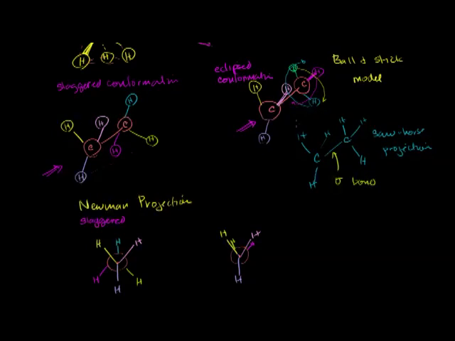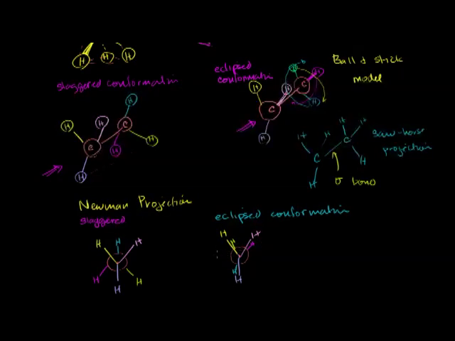And then finally you have this blue one down there, so that blue one is going to be right over here. So this is the eclipsed conformation as a Newman projection. And as you can see, it's eclipsed. The back hydrogens are eclipsed by the front ones. If I were to draw it perfectly, they would be right behind it.